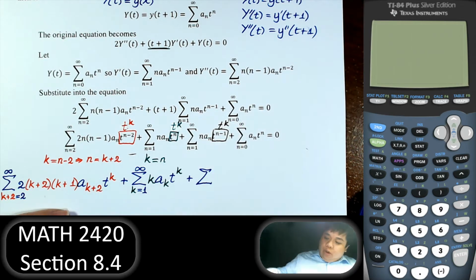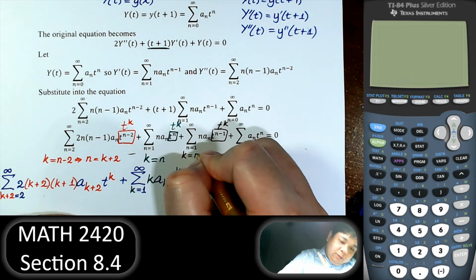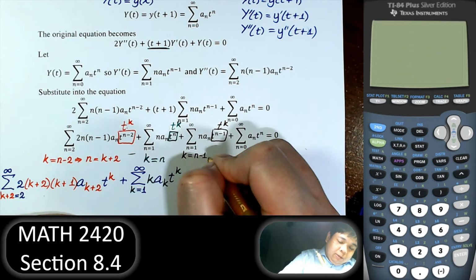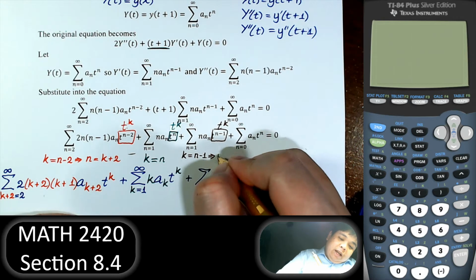Now k is equal to n minus 1. So in that case, n is equal to k plus 1.